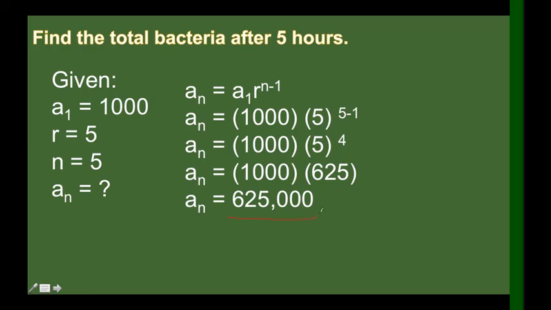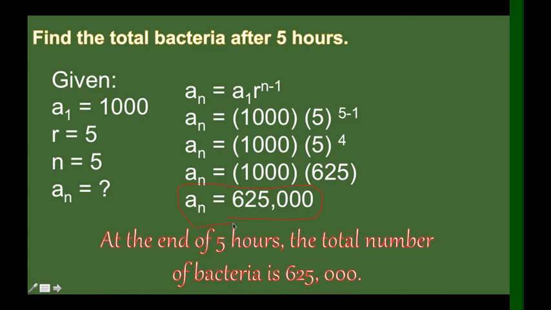So that is the number of bacteria after 5 hours. If it starts at 1,000 and then it has multiples of 5, every hour it multiplies by 5. Okay? So at the end of 5 hours, the total number of bacteria is 625,000.